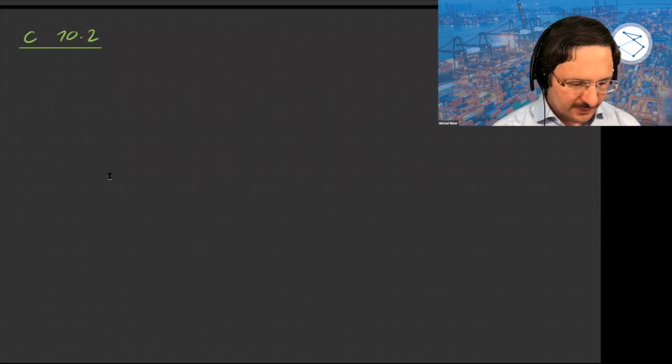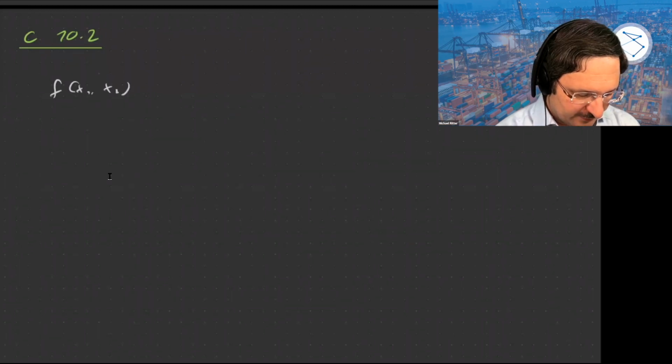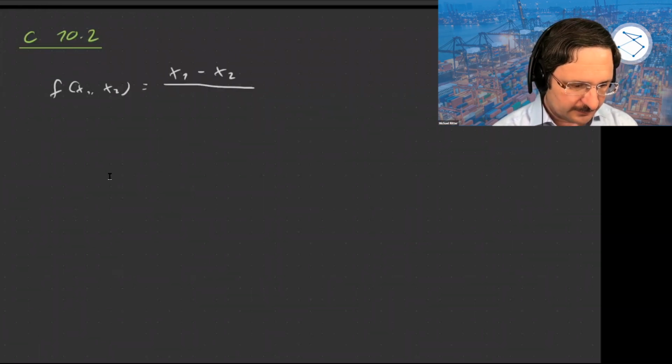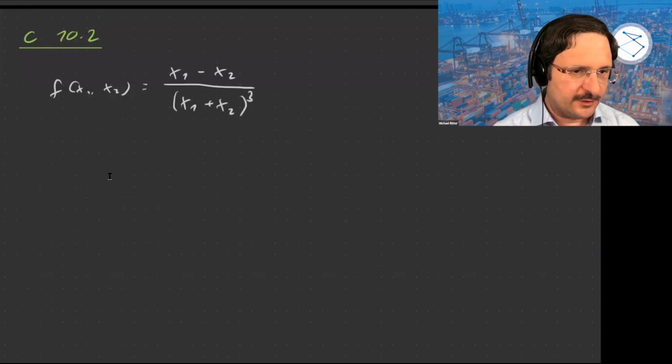Okay, so the function f(x1, x2) is defined as x1 minus x2 over x1 plus x2 to the third.